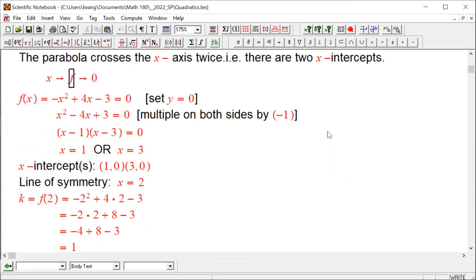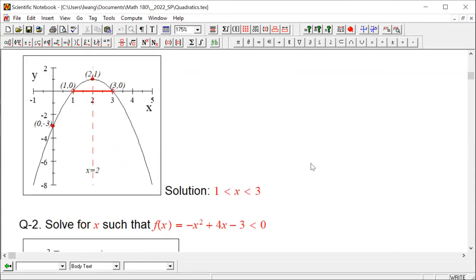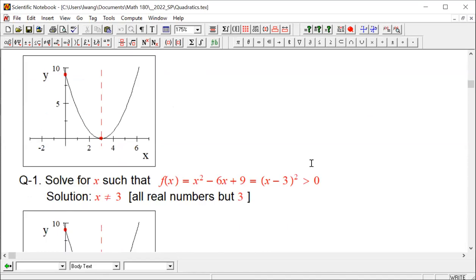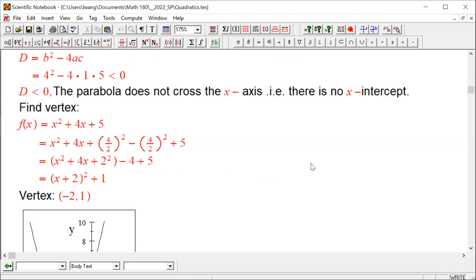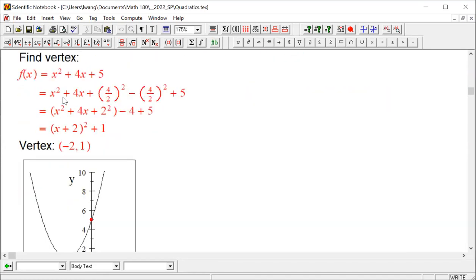What you can see is that there's more than one way to find the vertex. Even though for this question we found the vertex by completing the square, is this the only way?